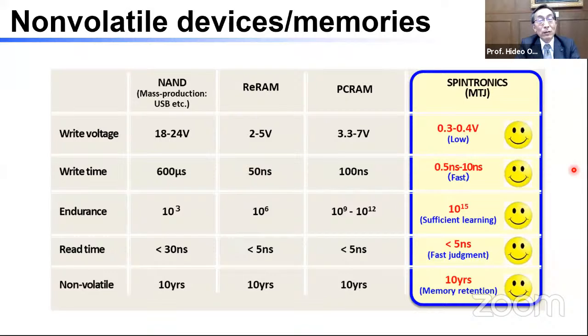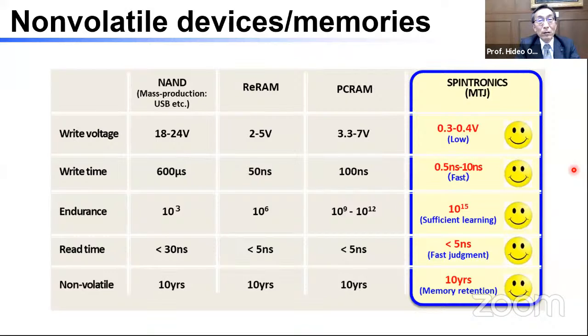of other electronic devices. Okay, and the device that I would like to describe to you, and the materials itself, is this spintronics-based MTJ, magnetic tunnel junction, which you can operate at relatively low voltage, which means that the ordinary supply voltage is good enough.